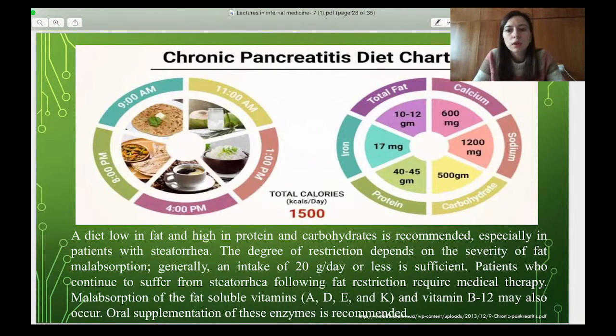And this diet must contain total fat, calcium, sodium, carbohydrates, protein, and iron for every day, for every week, and all life for this patient.